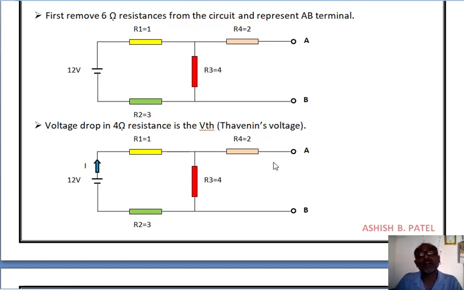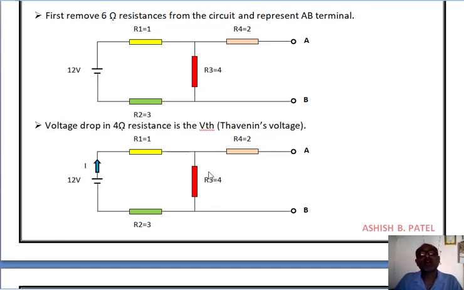That means no current passes through R4, so there is no voltage drop across R4, and in parallel we get the same voltage. So if we find the voltage drop across R3, the same voltage is available across terminal AB.